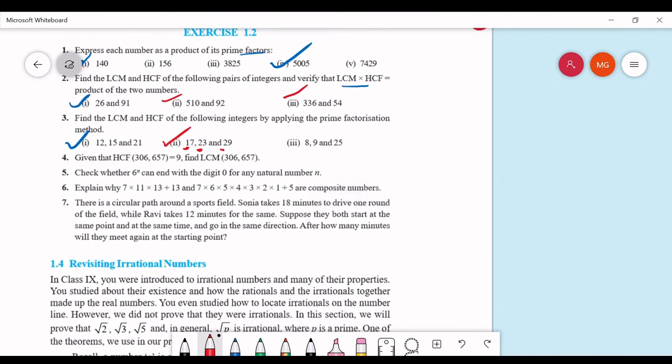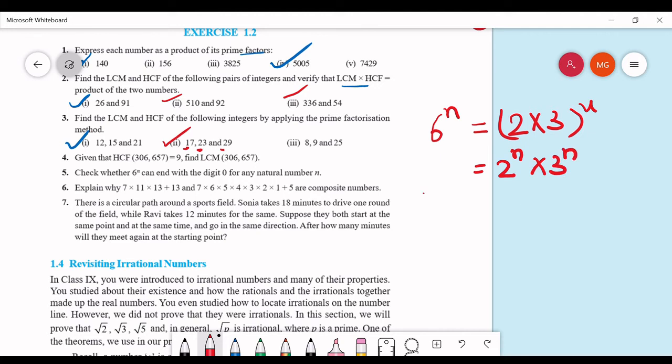So with the same reason we can find out for this 6 to the power n, right? So 6 to the power n, how can you factorize it? You can factorize it like 2 multiplied by 3 to the power n, right? So this will be 2 to the power n and 3 to the power n, right?